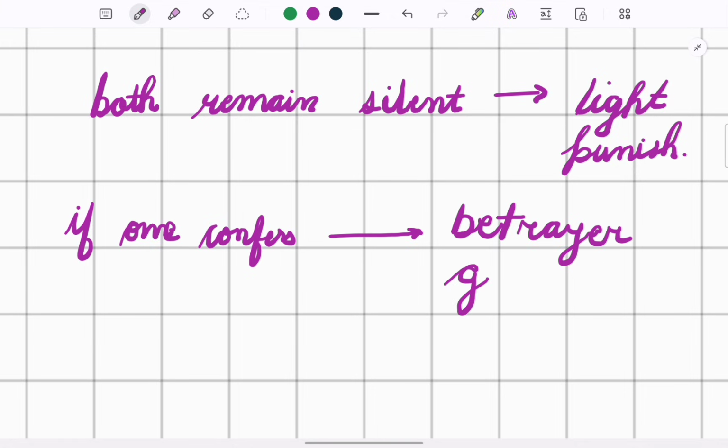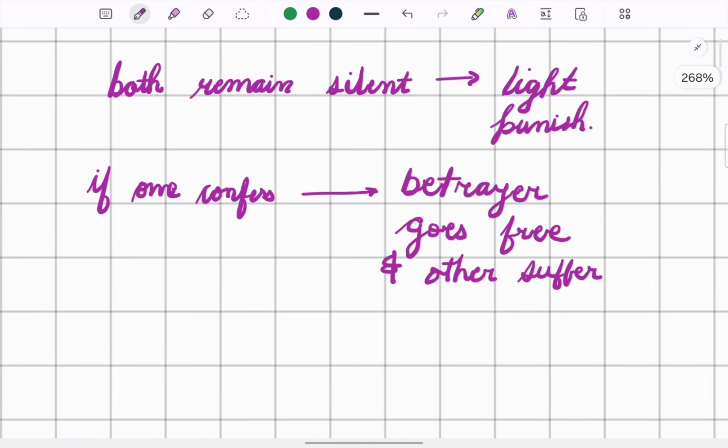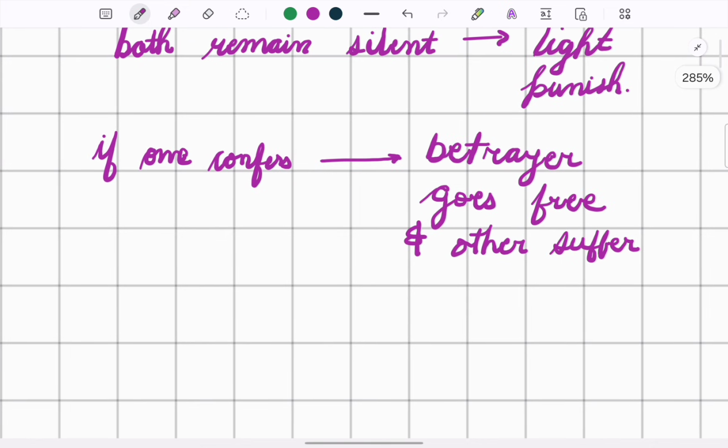Betrayer goes free. And the other will suffer. And the third option is that both confess.